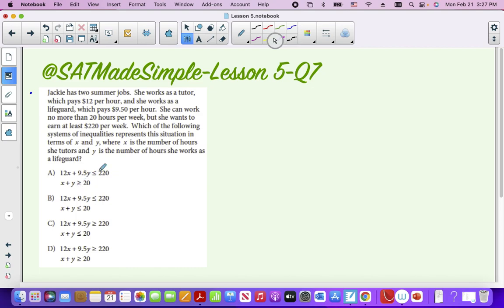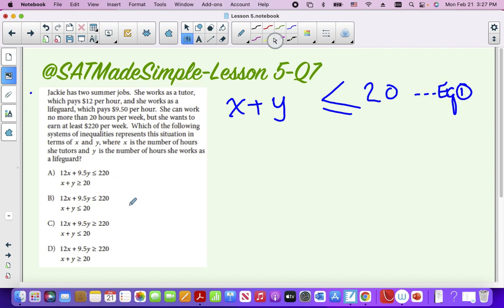No more than means less than or equal to 20. If we say she tutors X hours and works Y hours as a lifeguard, then X plus Y is less than or equal to 20. That is my first inequality.